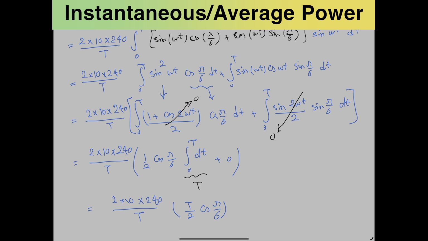And as you can see here, again, we can simplify t and these 2's. So what is left for us is only 10 times 240 times cos pi over 6. I just try to keep these values the same as they are, because we're going to actually compare them with another method. But then eventually we could finally find the average power from this whole system.